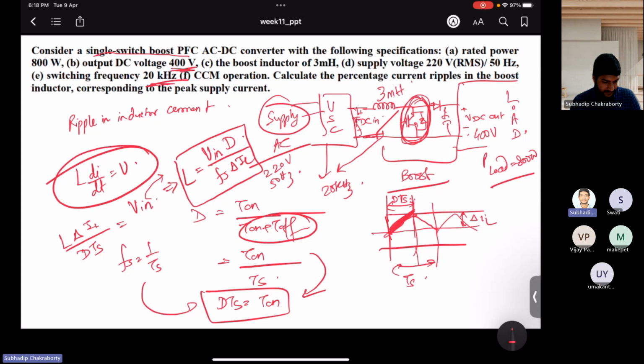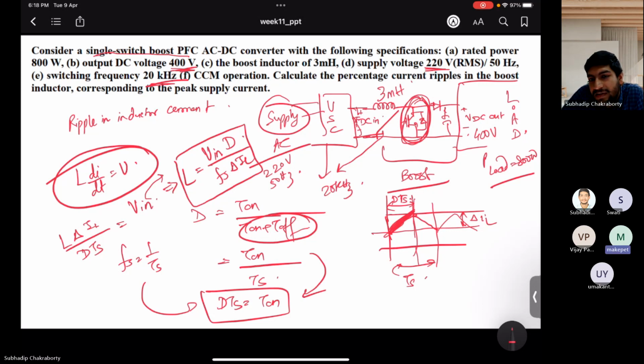Yes, I want to hear. Any idea? So 220 volt is the RMS voltage, and you have a unidirectional PFC. So what is the value of the DC link voltage? This is easy, right? What is the meaning of unidirectional boost PFC? What is connected between the supply and the boost? What are you using?